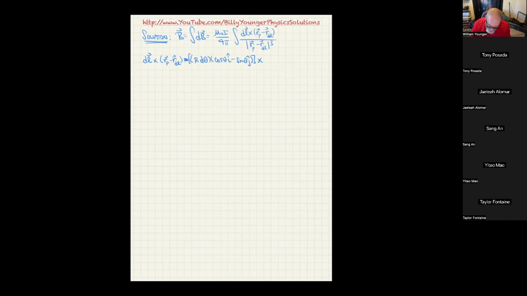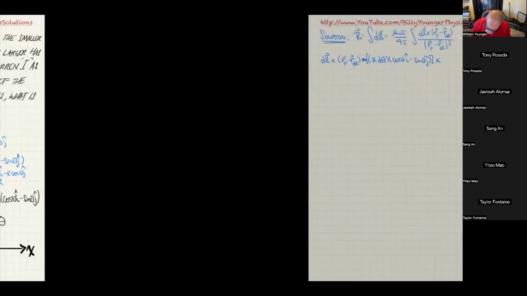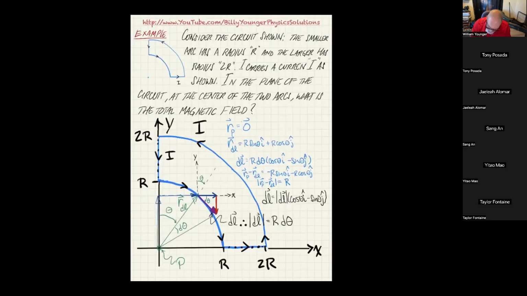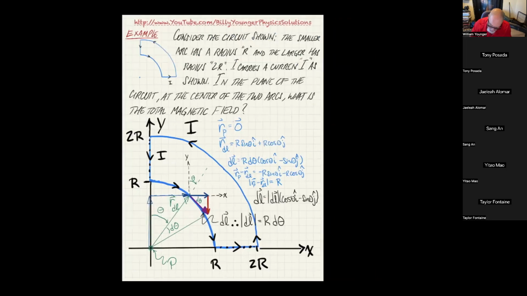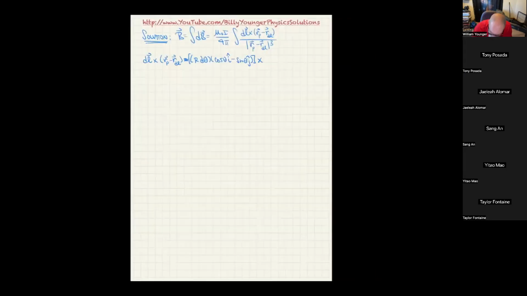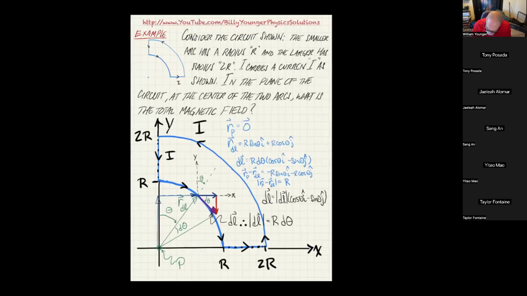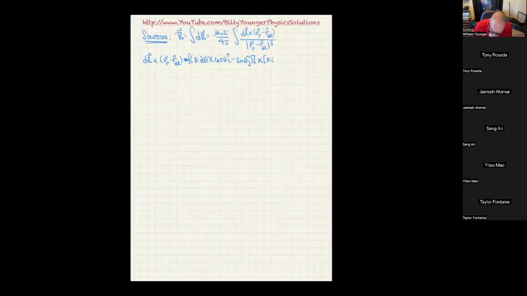I want to double check, make sure that's right. R d theta cosine theta minus sine theta. Yep, that's right. And now my RP minus RDL is going to have a common factor of R, and it's actually going to have a common factor of negative R. I'll put that out in front as well.